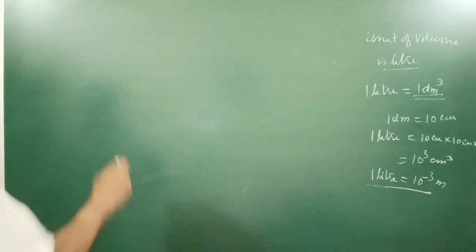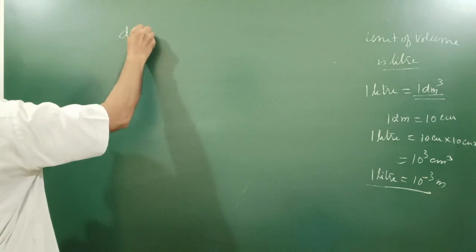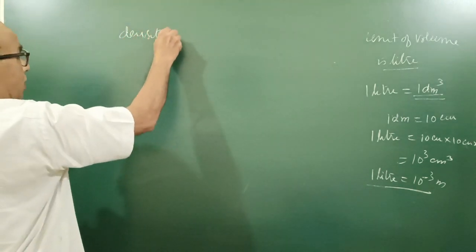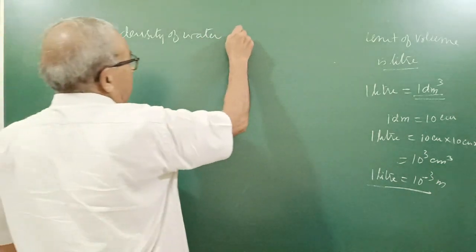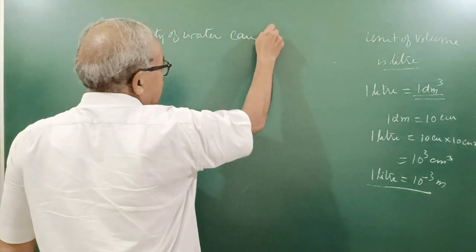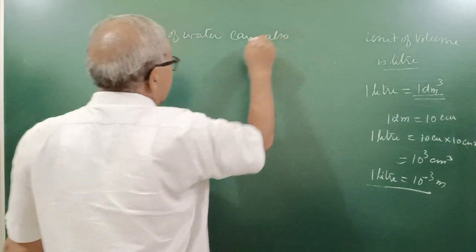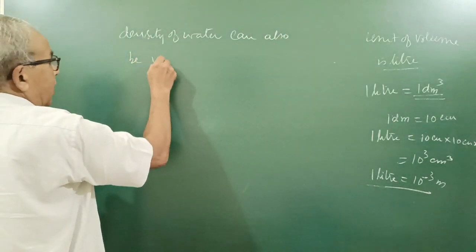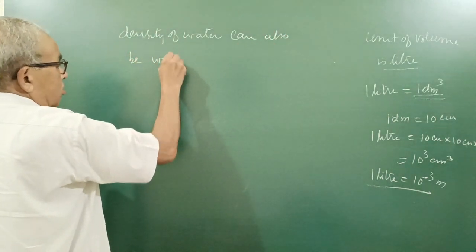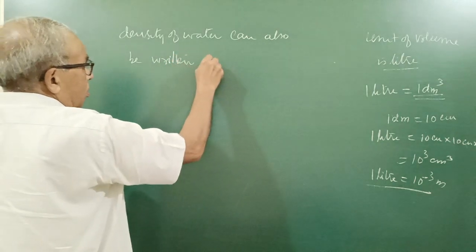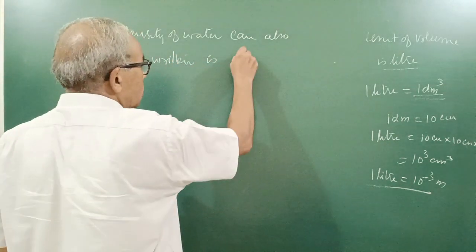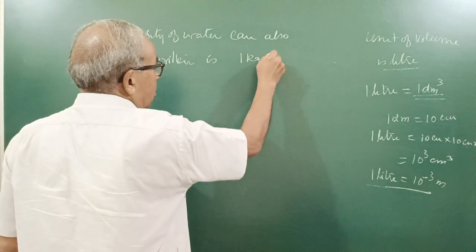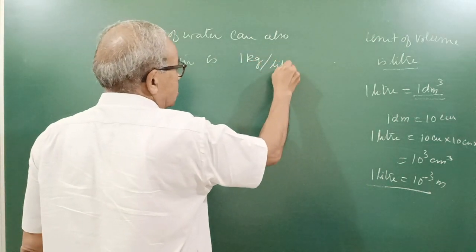So density of water can also be written as 1 kg per liter.